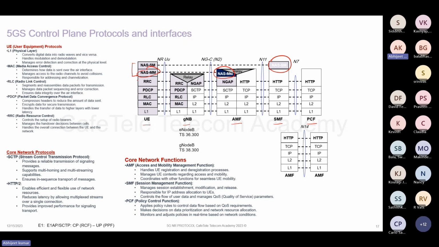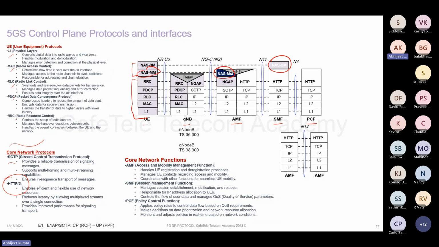Then we have these protocols here. I will explain this later on, but just to show you how they are working: on the RAN side, they are managing with L1, MAC, RLC, PDCP. On the core side, they have the SCTP protocol, and they are also using the HTTP2 protocol to communicate one-to-one in the service-based architecture.